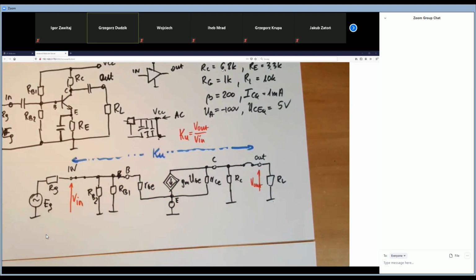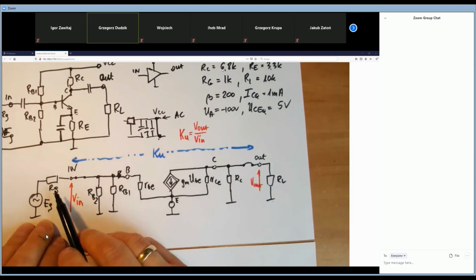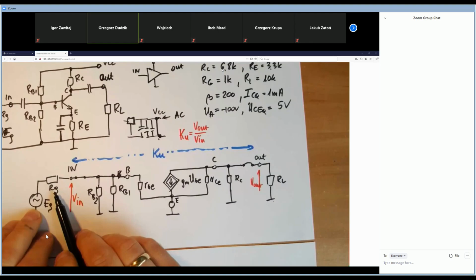What is the effective voltage gain? The effective voltage gain takes into account the internal resistance of the source signal.